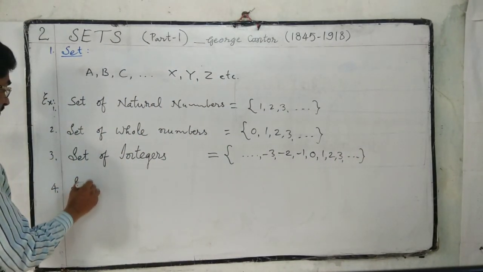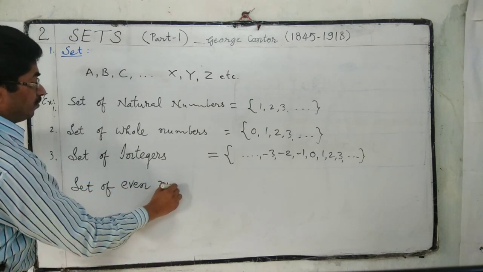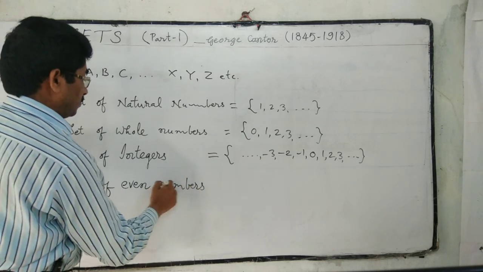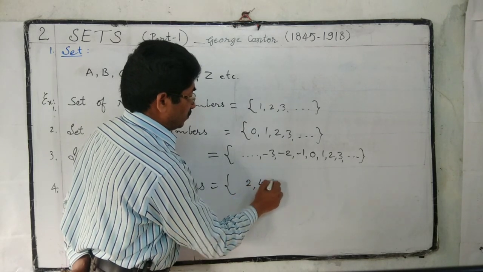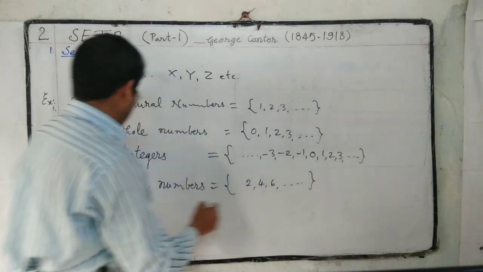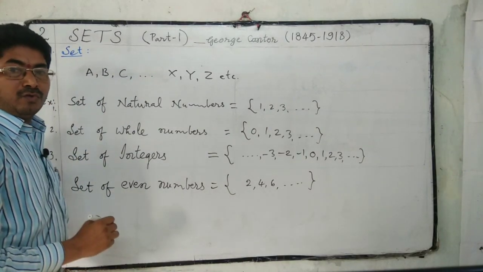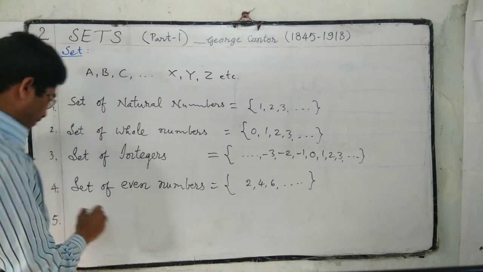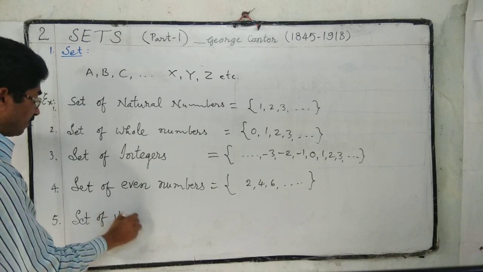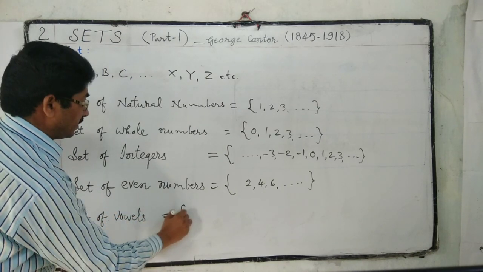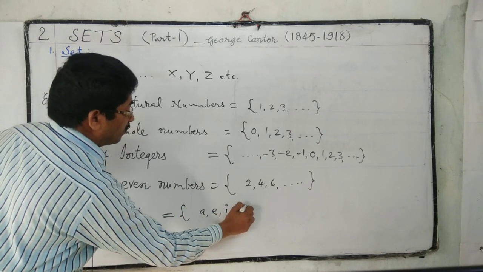Set of even numbers: 2, 4, 6, and so on. Set of vowels in the English language: A, E, I, O, U.